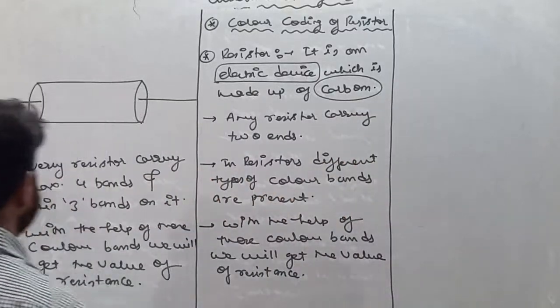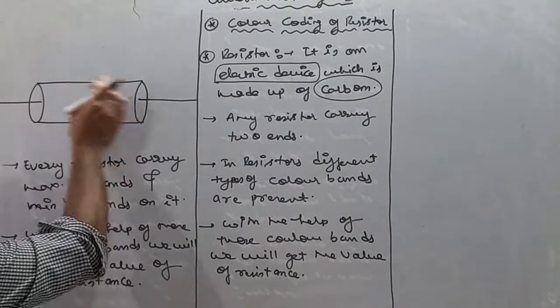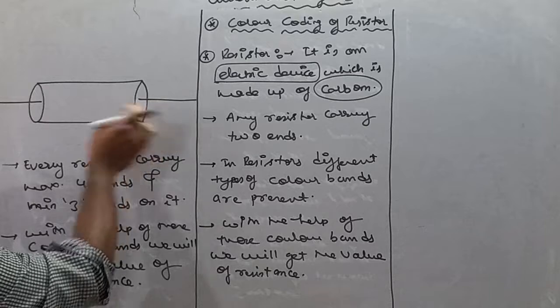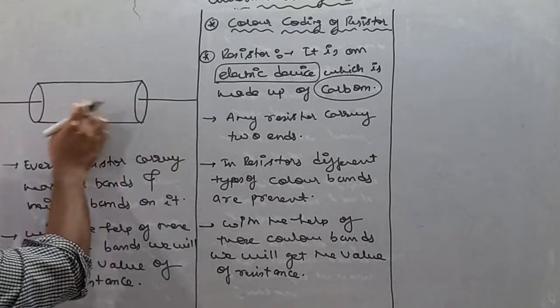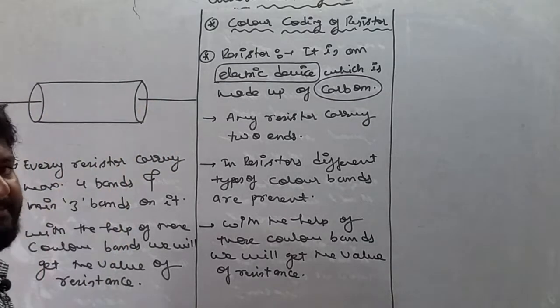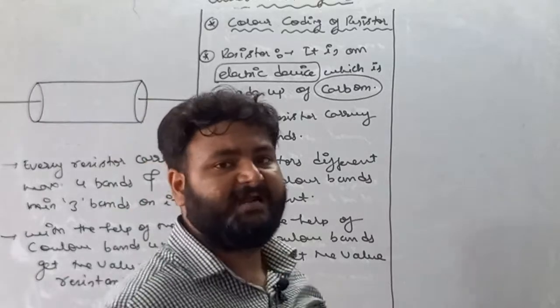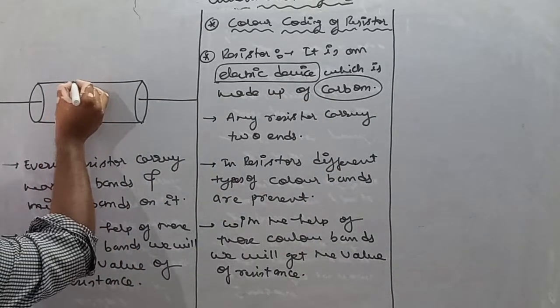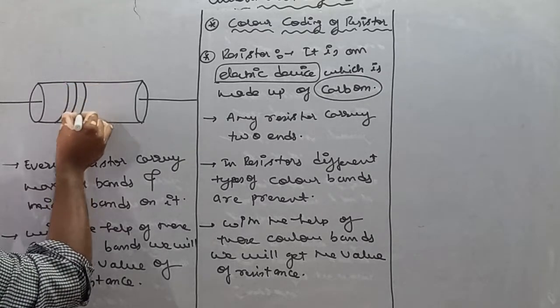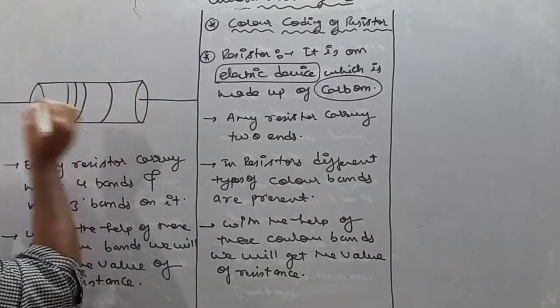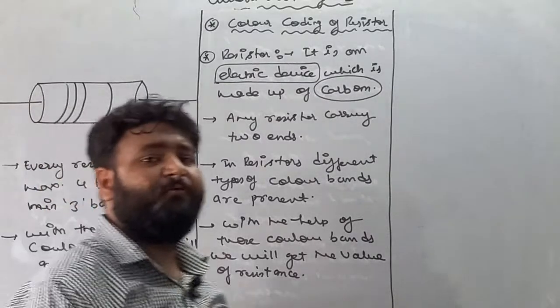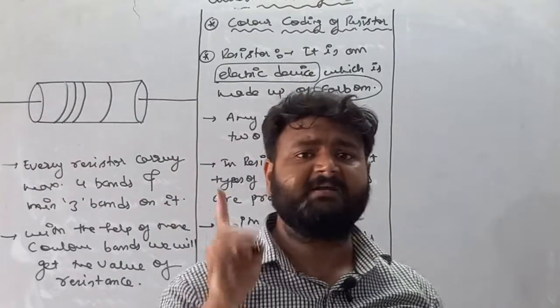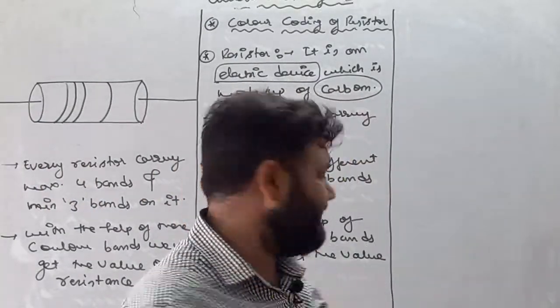So see, my dear student, this is our resistor. This is made up of carbon. It carries two different ends. In this resistor, 4 color bands maximum, 3 color bands minimum are present. Like this: first color band, second color band, third color band and fourth color band. Sometimes the fourth band is missing.